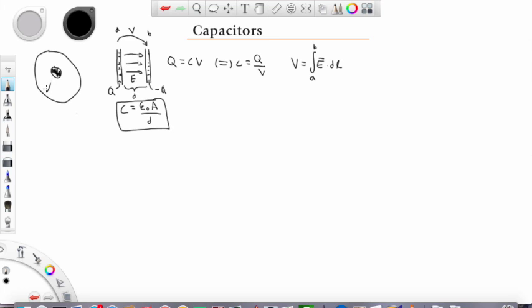So there's an electric field in the radial direction. If we call this radius RA, and the radius of the central conductor RB.